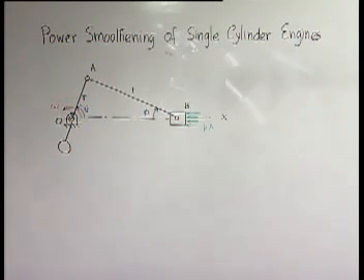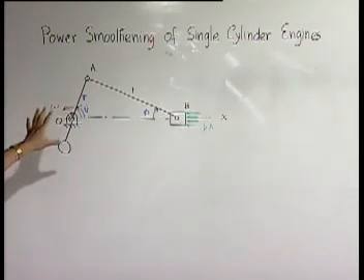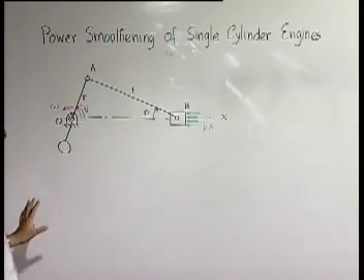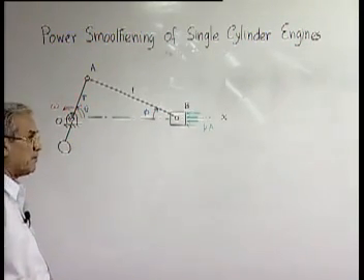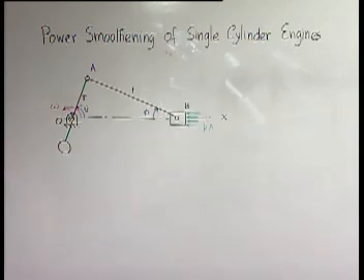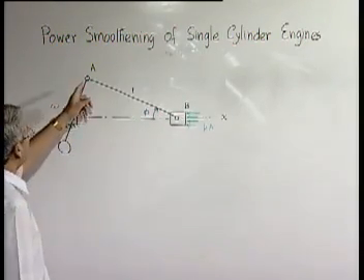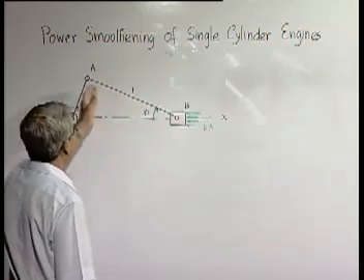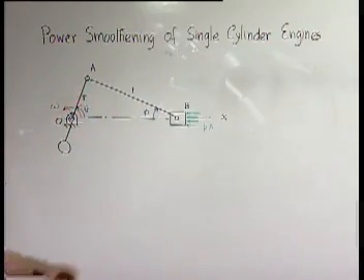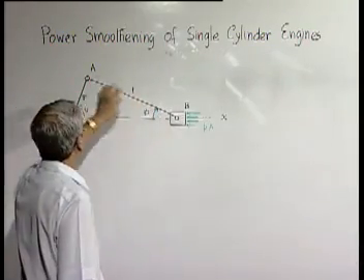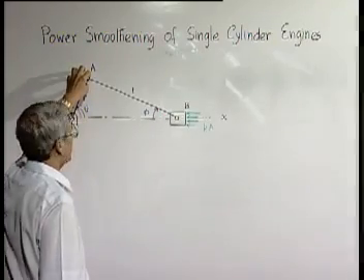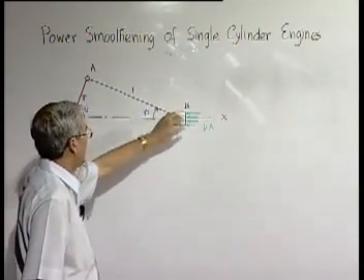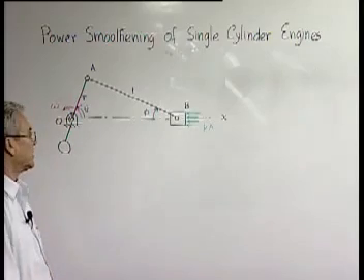so this represents a single cylinder engine. Now, if you remember our previous lecture, while discussing the unbalance of a single cylinder mechanical slider crank mechanism, we saw that it is possible to replace the mass of the connecting rod AB into two parts, one at the crank pin here, the other at the reciprocating mass here.